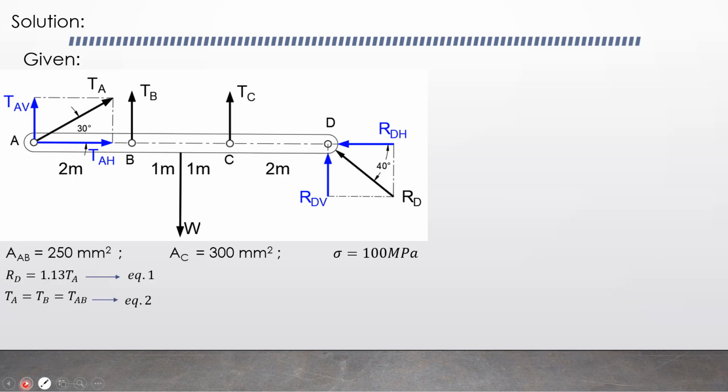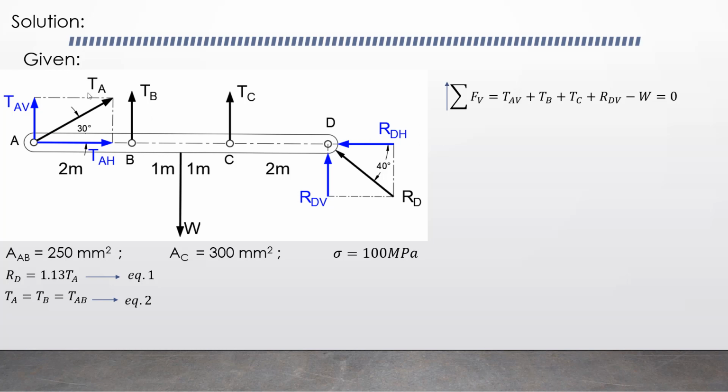So the next thing to do is to formulate another equation, which is for the vertical forces. So considering the vertical forces, the arrow here indicates that when the force is going up, we are going to use a positive sign, and when it's going down, we are going to use a negative sign.